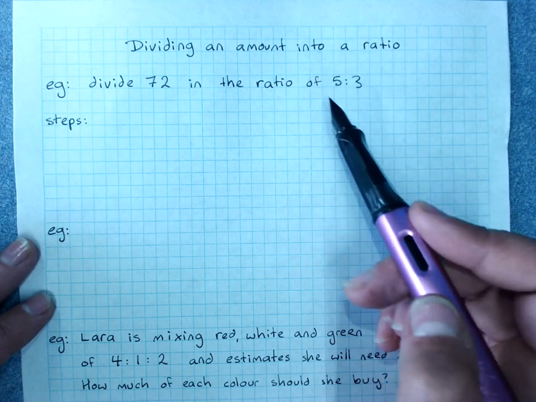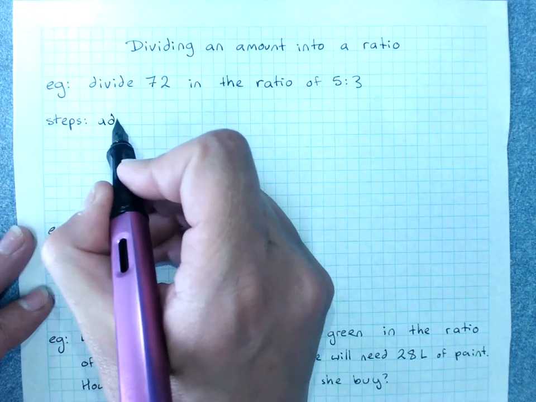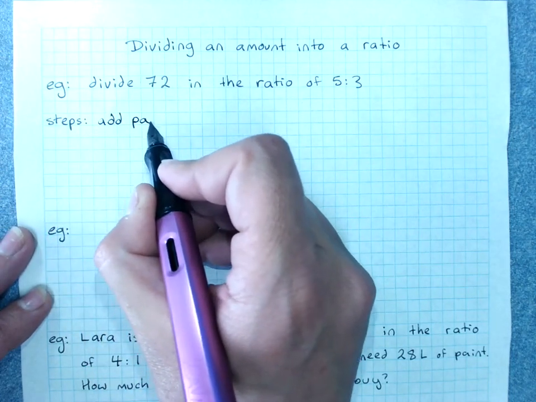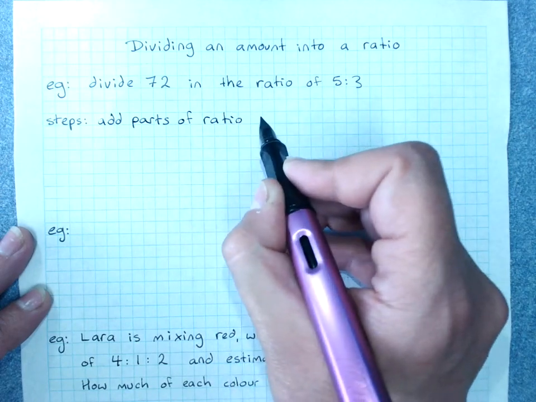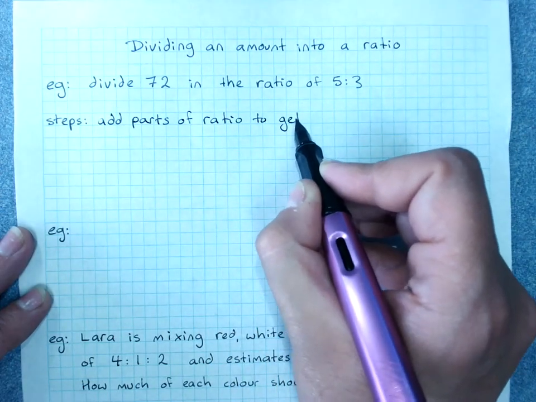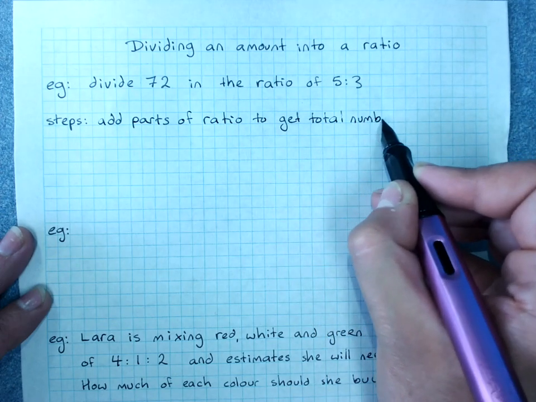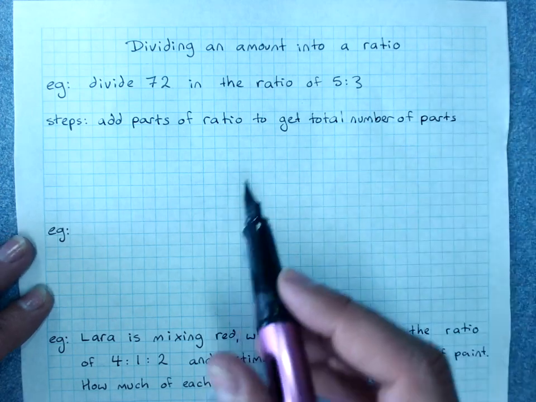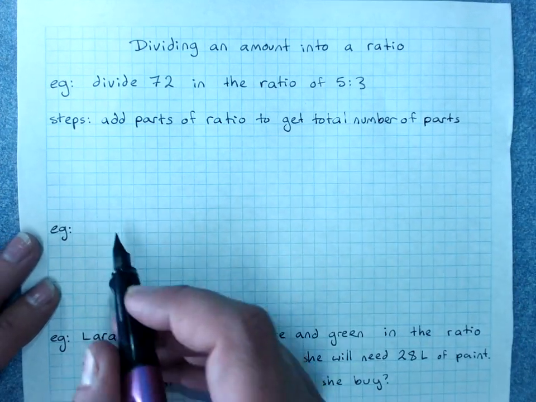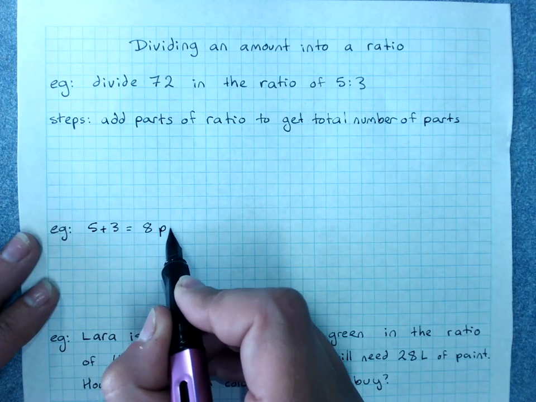So we add the parts of the ratio to get the total number of parts. So in our scenario here, we're doing 5 plus 3 equals 8 parts.